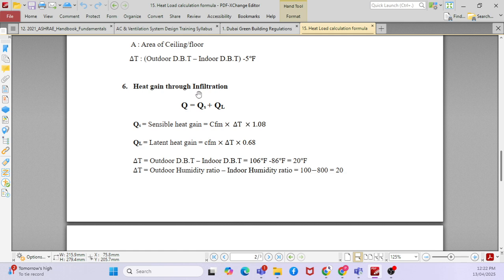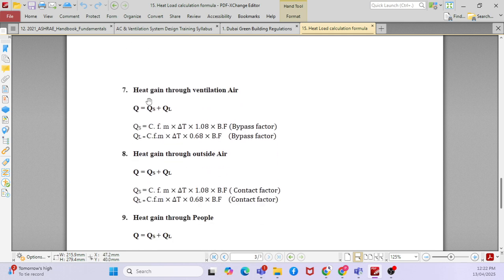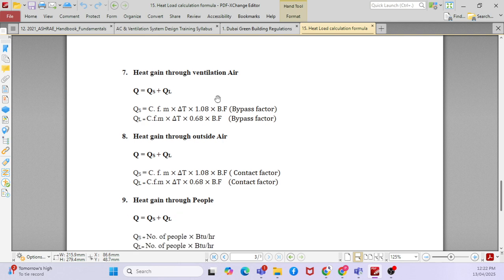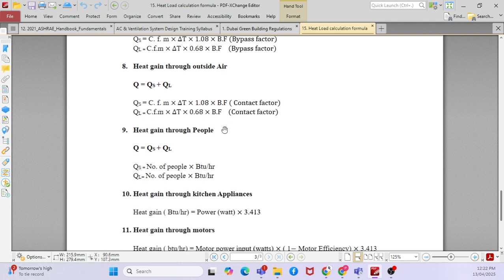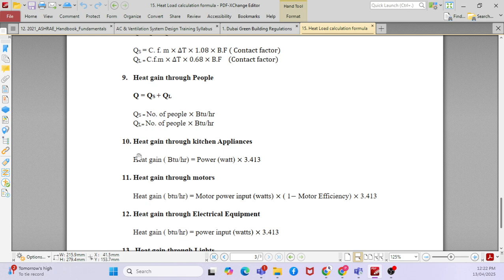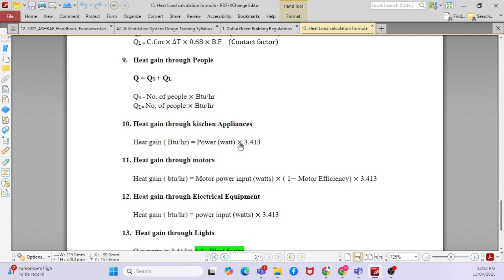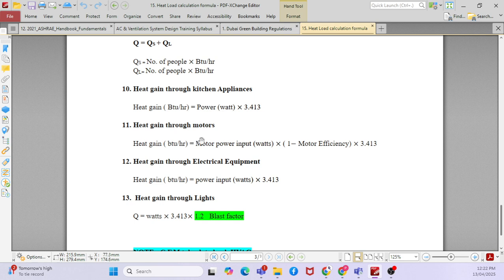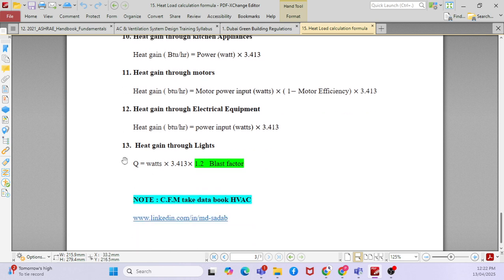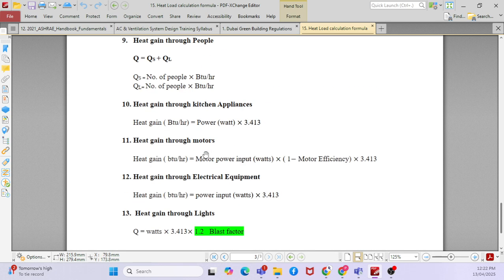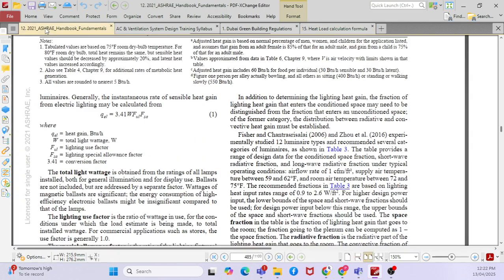Heat gain through the infiltration, what is the equation here? And heat gain through the ventilation air, heat gain through the outside air, heat gain through the people, heat gain through the kitchen appliances, heat gain through motors, heat gain through the electrical equipment, heat gain through the lights, right? Yes, sir. So this equation came from where? Came from ASHRAE Fundamentals, right?